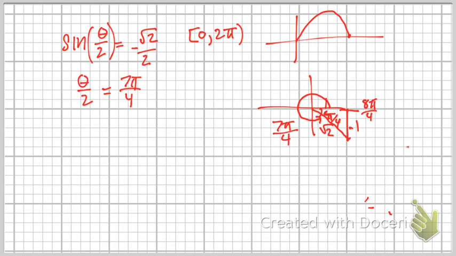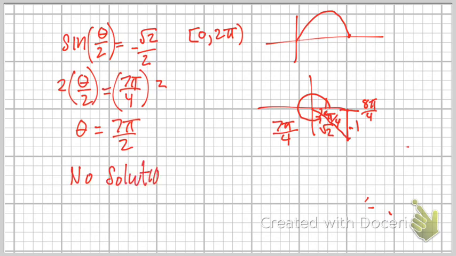I would have to multiply both sides by 2. So theta would actually equal 7 pi halves. Now if you look at 7 pi halves, that's way over 2 pi. So this tells me I would actually have no solution if I was going from 0 to 2 pi.